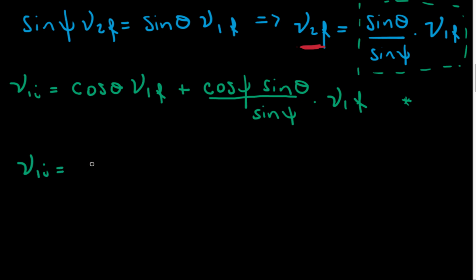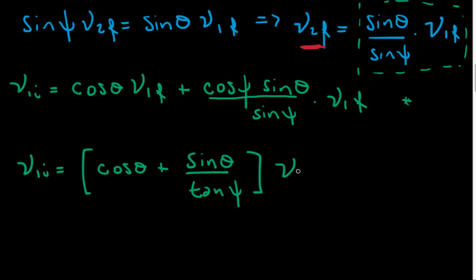V1 initial equals, now there's a whole bracket, cosine theta plus cosine phi divided by tangent. Nope, made a mistake. This is cosine theta. Nope. All right. This is actually sine theta because if I'm going to combine a sine and a cosine, they have to be the same angle. So this is divided by tangent phi, multiplied by V1 final. Do you see?